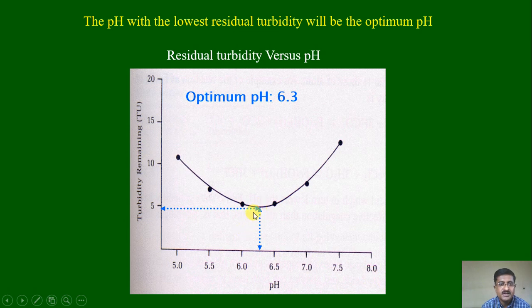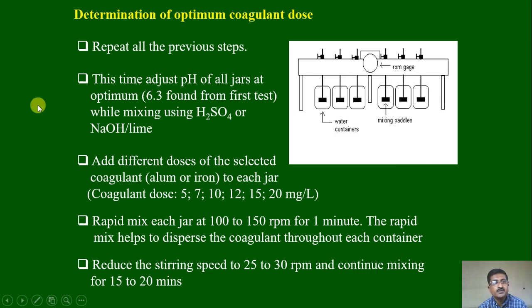In this case, it is 6.3, which is for example what we have taken. Now we can find out the optimum coagulant dose. Again, we have to repeat all the previous steps.